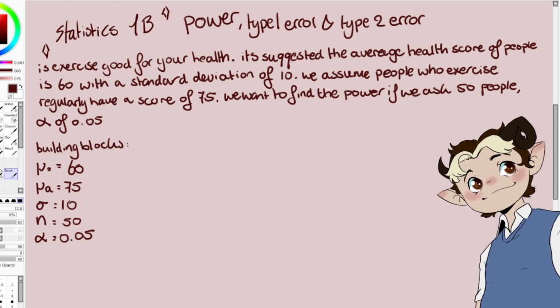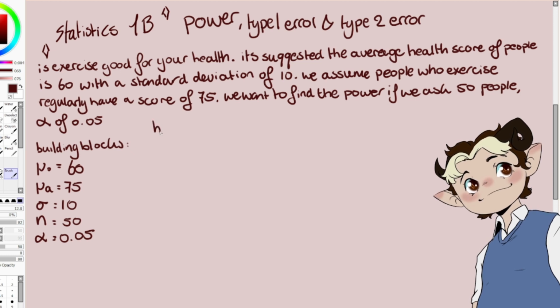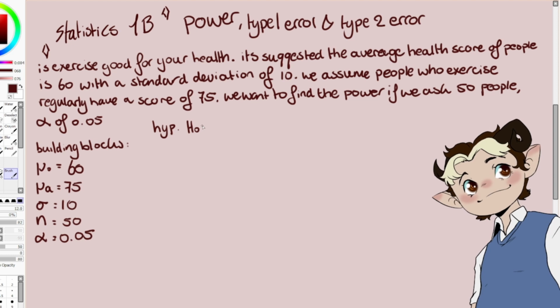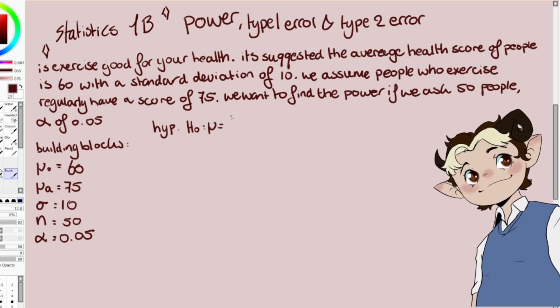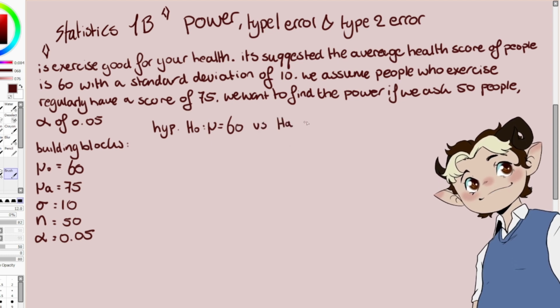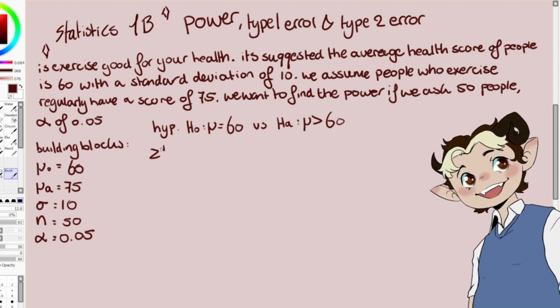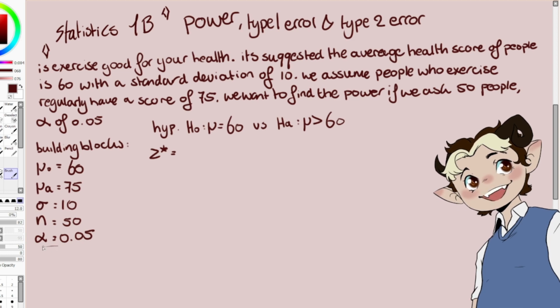So now let's go through our steps. Step 1 is always going to be our hypotheses. So our null hypothesis is that the average of the true population is 60, versus our alternative hypothesis, which is that the average is higher than 60. That is the first step. Then we need to find our z value for this one.